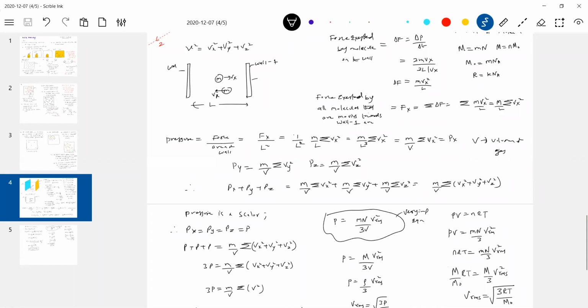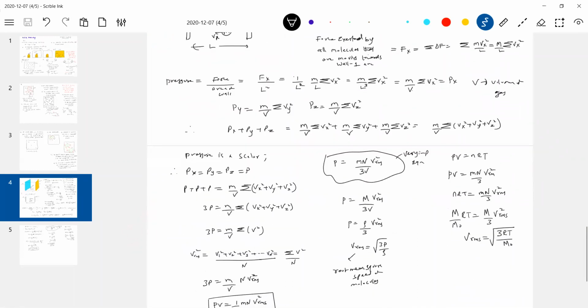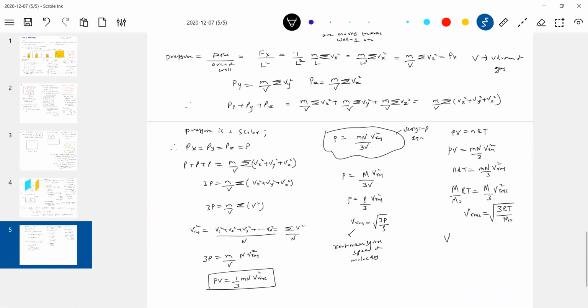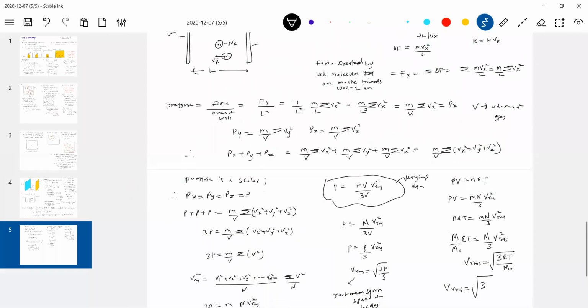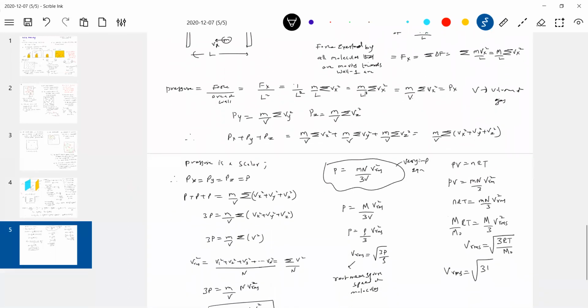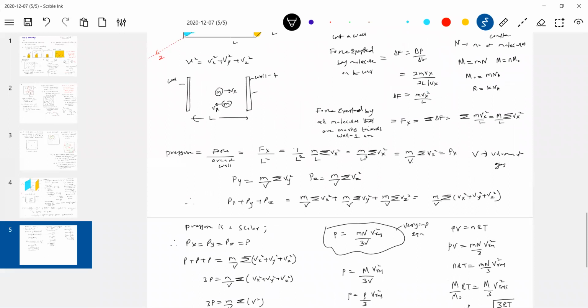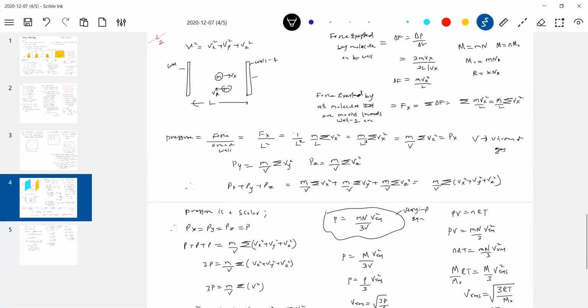Can I write k into Na? I'll go further. So R is equal to what we can write? k Na. And Na by m naught, what can you write it as? 1 by m.